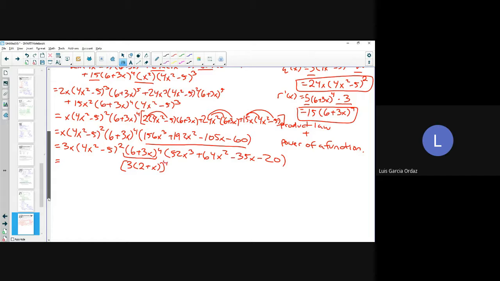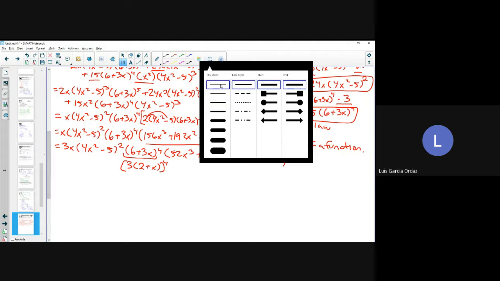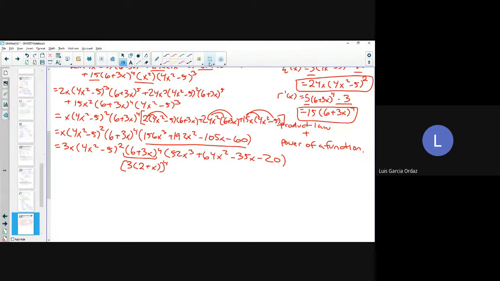So when I factor that out, I'm left with that, which means that this becomes 3x times 4x squared minus 5 all squared times 3 to the 4 times 2 plus x to the power of 4 multiplied by 52x cubed plus 64x squared minus 35x minus 20.